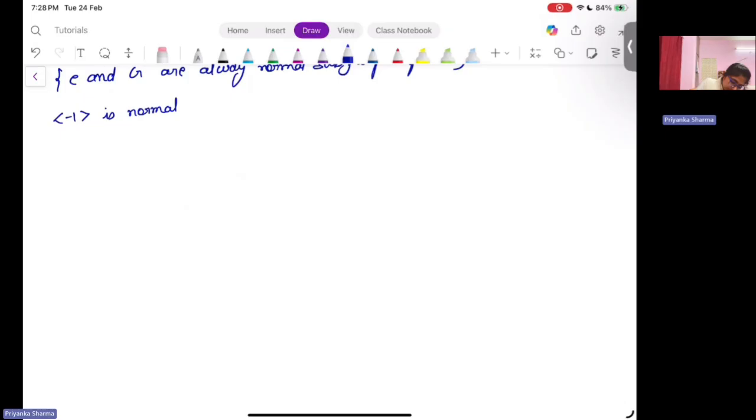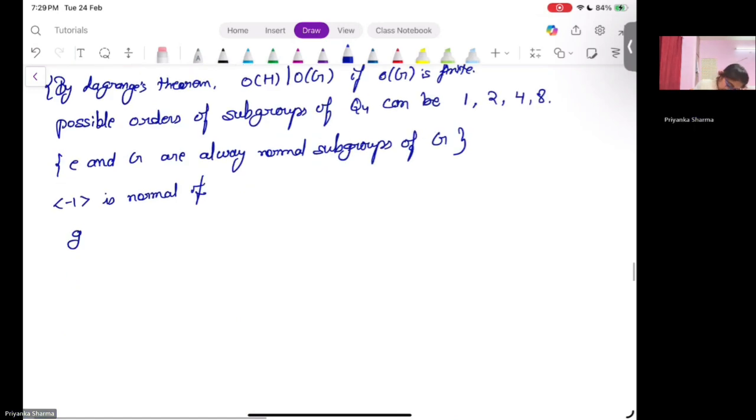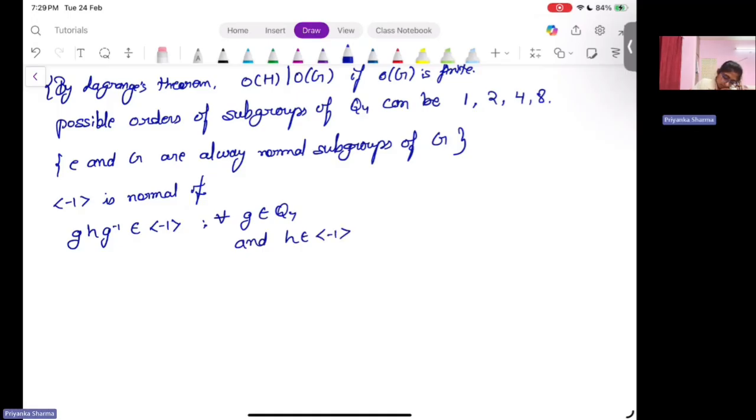This is normal if G H G inverse belongs to the subgroup generated by minus 1, for all G belonging to Q4 and H belonging to this subgroup. So H can be 1 or minus 1.